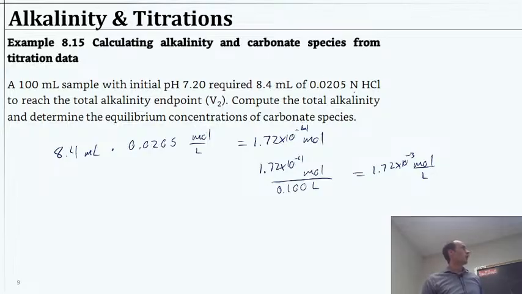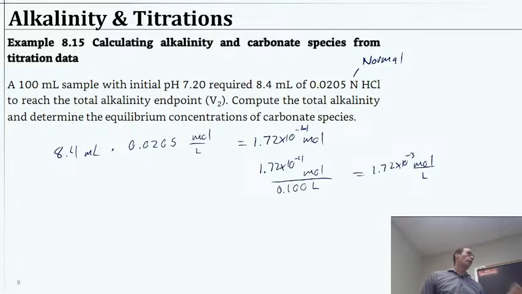The normal, if you recall, the N here, that means 1 unit of something, usually H plus, per liter. 1 mole of that per liter. So it's like 1 normal would be 1 mole per liter. Since it's H plus, it's exactly 1 to 1.